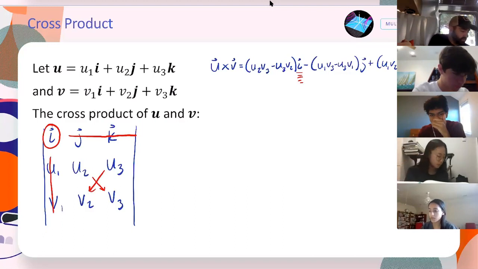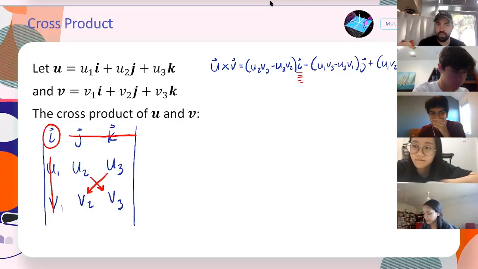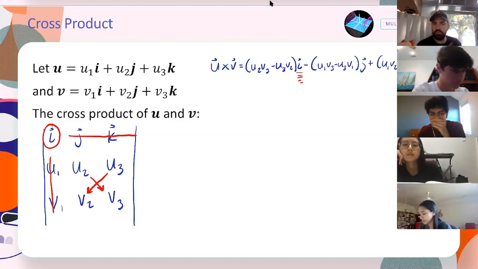So notice it's U2 V3 minus U3 V2. That's how you'd take a determinant; you can really start anywhere. In this case, we're always going to start with i, and then the four values that are not in the same row and column as i, we basically multiply across and subtract.